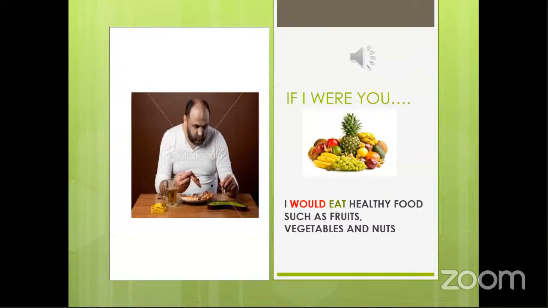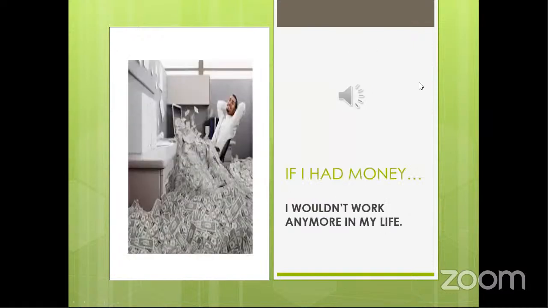This is second conditional. Isn't real because we are not that person. No somos esa persona, but we can use the second conditional for giving pieces of advice. If I were you. Look at the picture number 1. Can you imagine that?